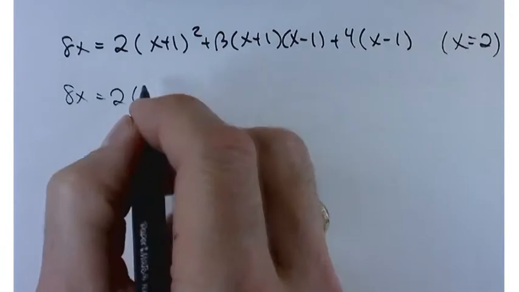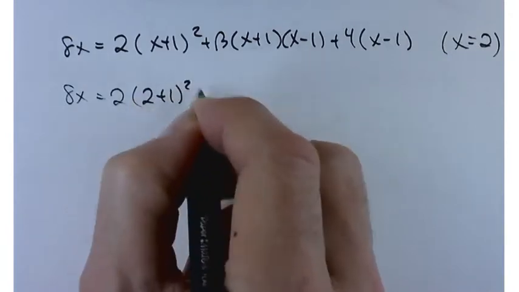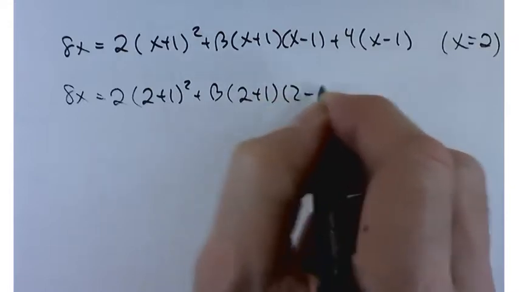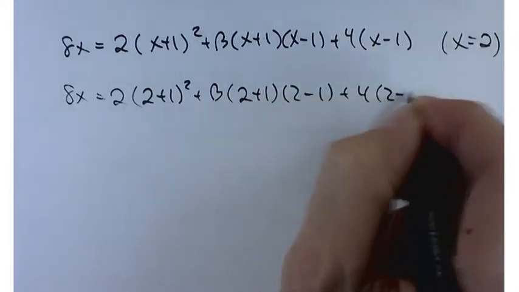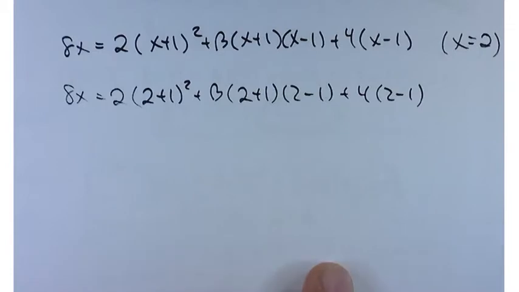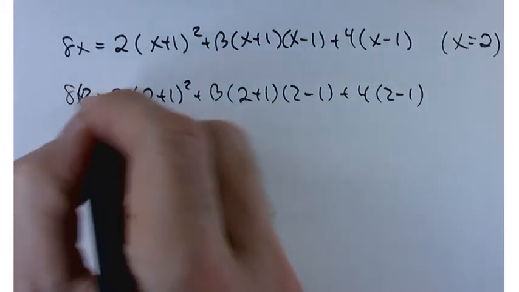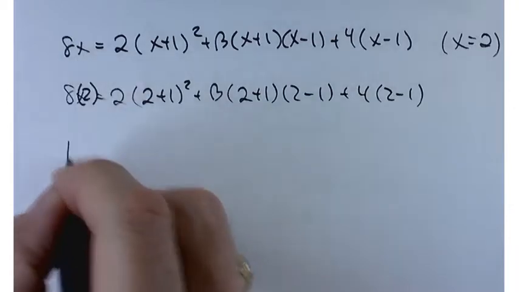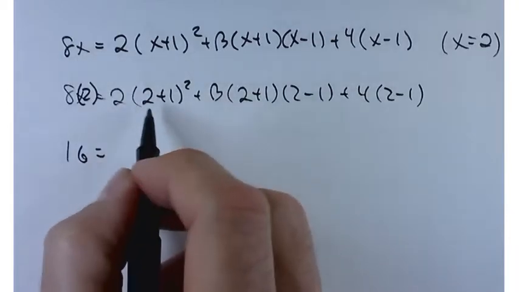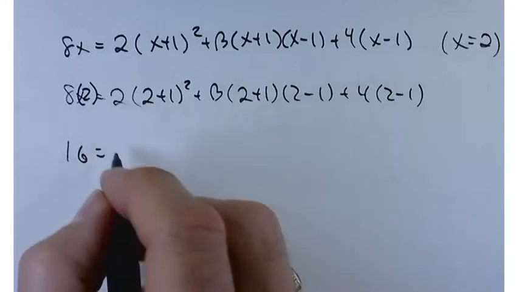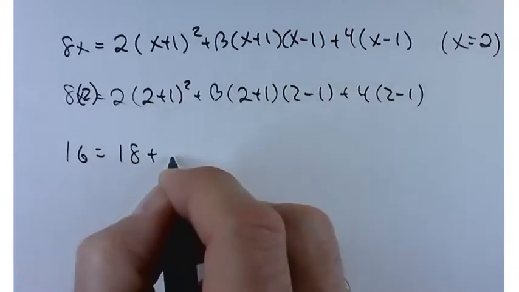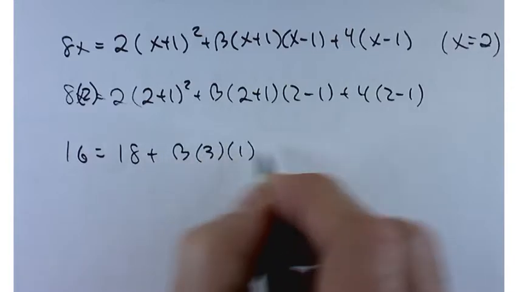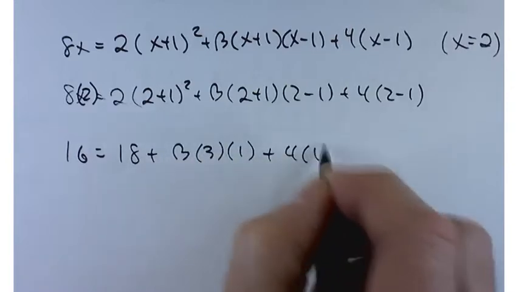All right. 2 plus 1 squared plus b times (2 plus 1) times (2 minus 1) plus 4 times (2 minus 1). Oops. Should be 8 times 2 here. I need to plug it in here. So it gives me 16 equals 2 times 9, which is 18, plus b times 3 times 1, plus 4 times 1.